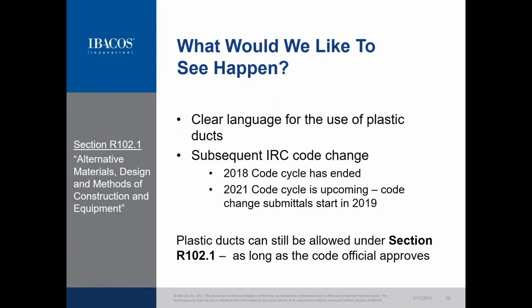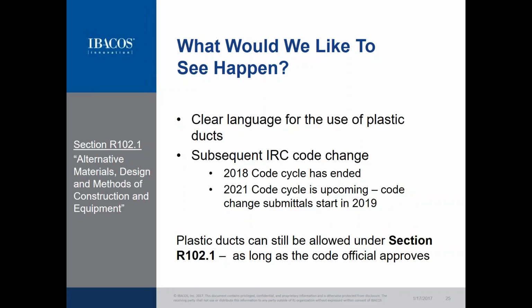Okay, so at this point, these are really the ambiguities that we're dealing with. And what we would like to see happen, given these realities within the code, is to clarify the language for the use of plastic ducts and plastic materials for our distribution systems.